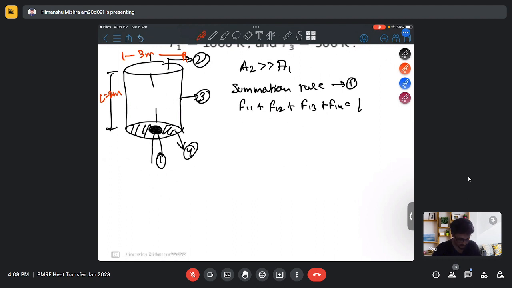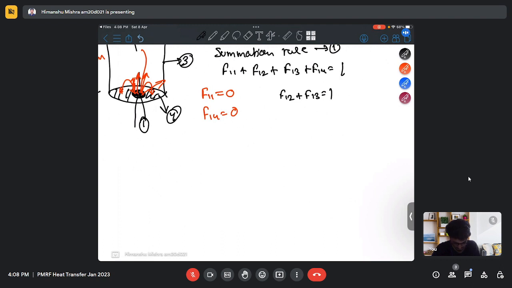Looking at surface 1, the radiation coming out from surface 1 is not falling back, which means my F11 is equal to 0. Similarly, the radiation coming out from surface 1 will not fall back to surface 4. It will go straight, either to surface 3 or surface 2, which means my F14 is also 0. So my F12 plus F13 equals 1.